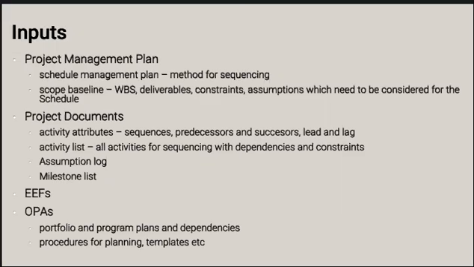We're going to input some project documents. The key ones are the activity list, the milestone list, and the activity attributes. All of those documents should provide an input into the sequencing.